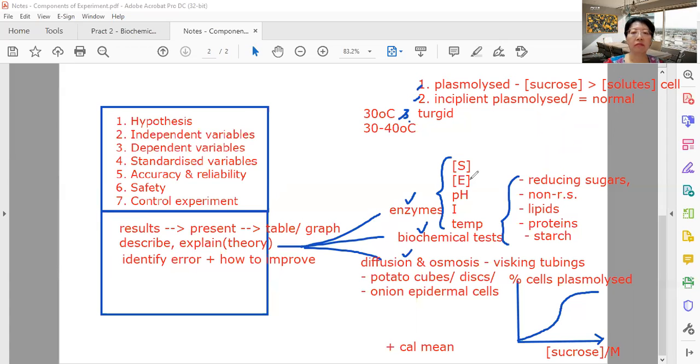In this graph, the y-axis is percentage of cells that are plasmolysed. This is 100% here, this is 0 here. So where do you look for the region where the concentration of sucrose is the same as the concentration of solute? It's very easy.